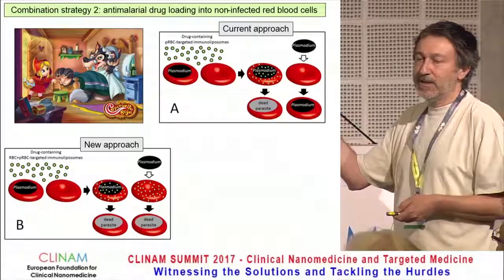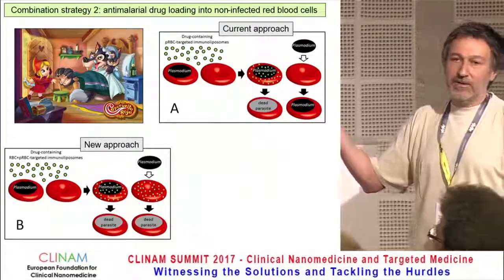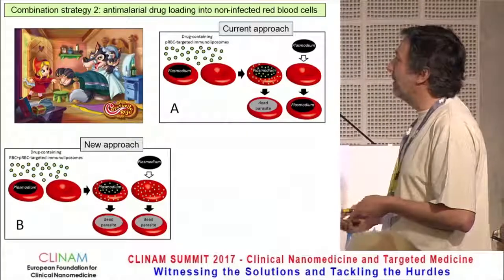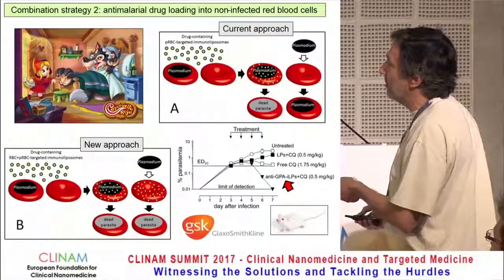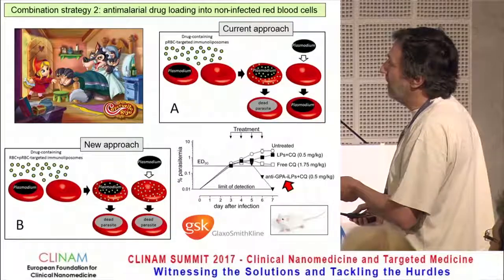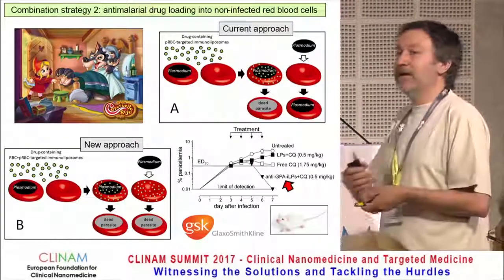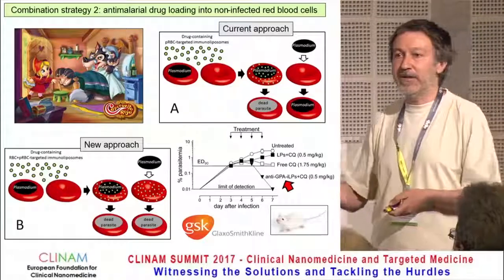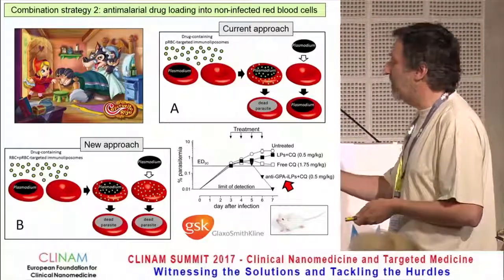This is what we call the Little Red Hood strategy, because when you enter your home already, the wolf is there. And in this situation, as you can see here, we could finally completely cure the animals and we could eliminate the parasitemia. So this is, I think, one of our best bets for development.